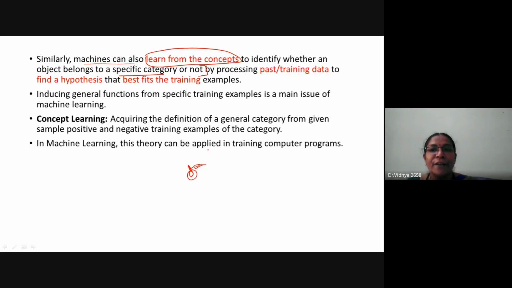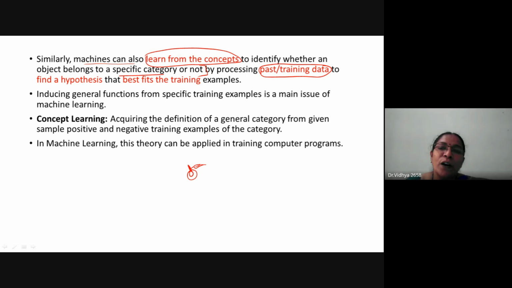It identifies based on its past experience. It gains experience by doing some training. We give some set of training to the machine so that it gains some knowledge about the objects. When it is tested, it recollects the knowledge it gained during the training phase, and then it gives the respective result.